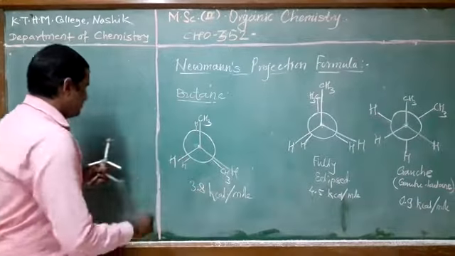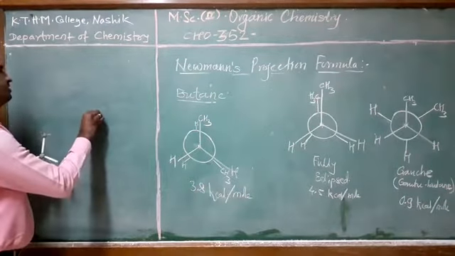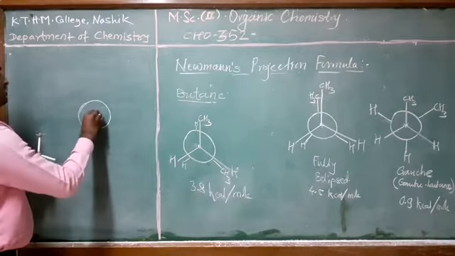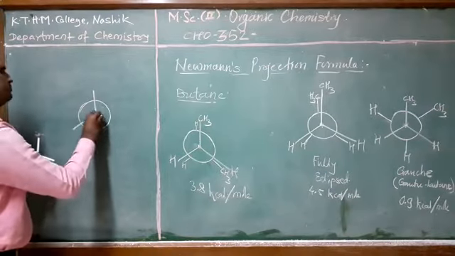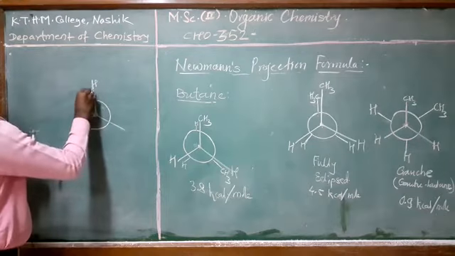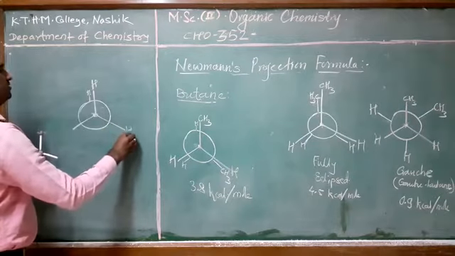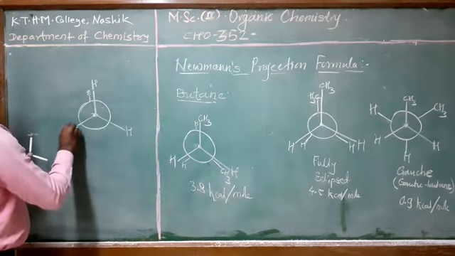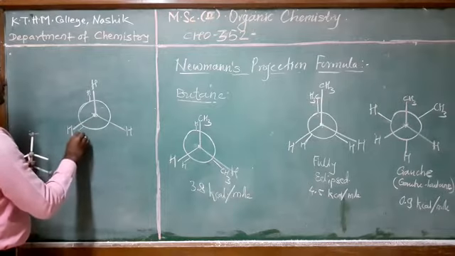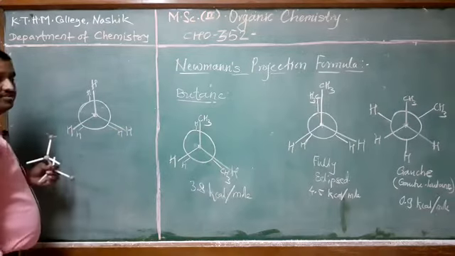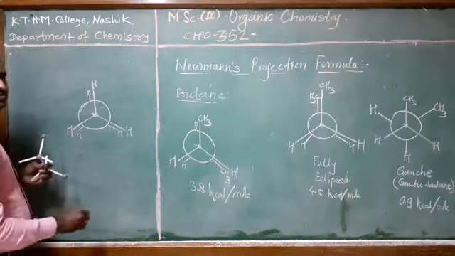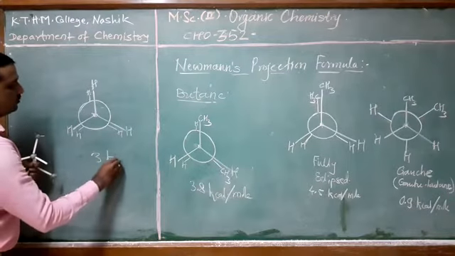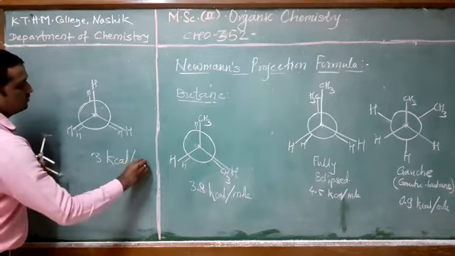We know that for the simple eclipse conformation of the ethane molecule, the energy is about 3 kilocalorie per mole.